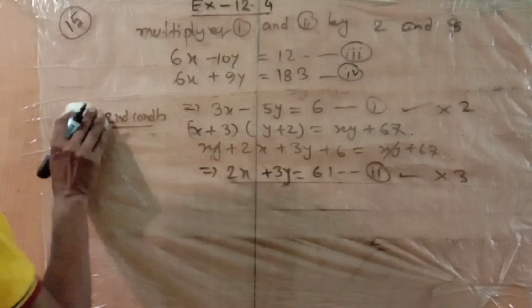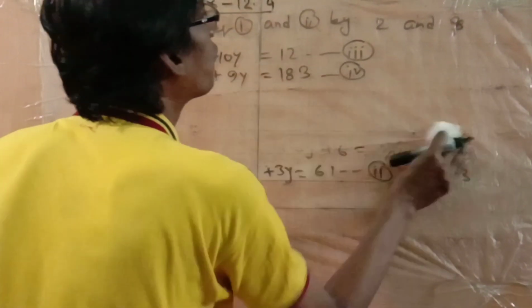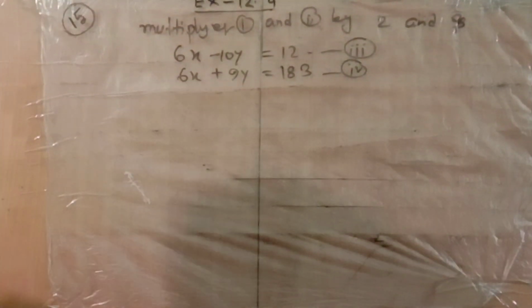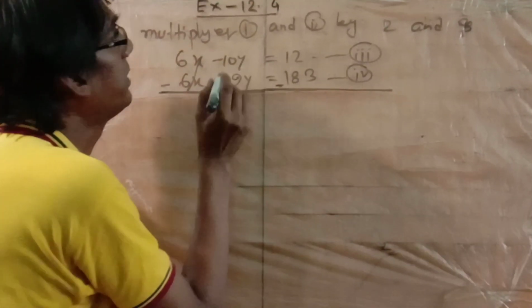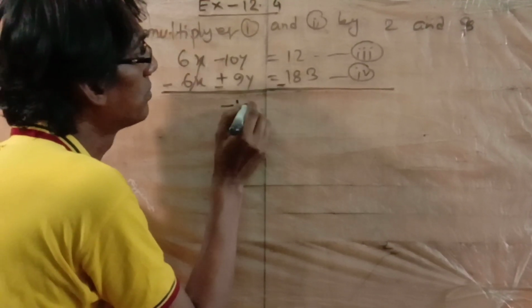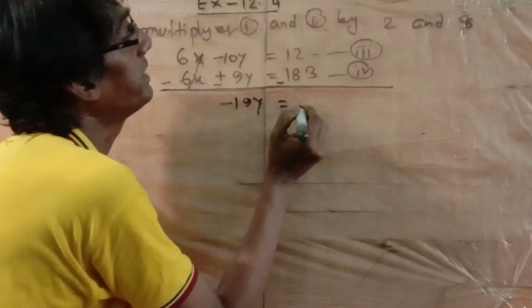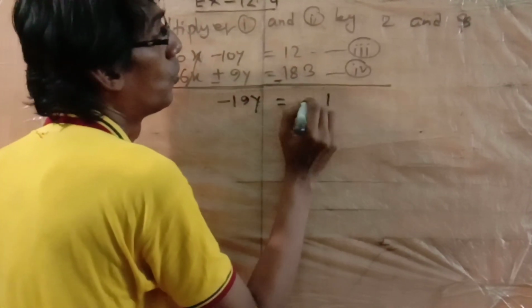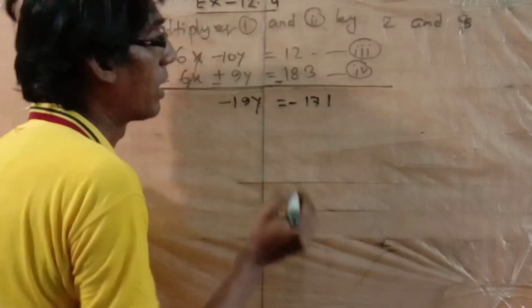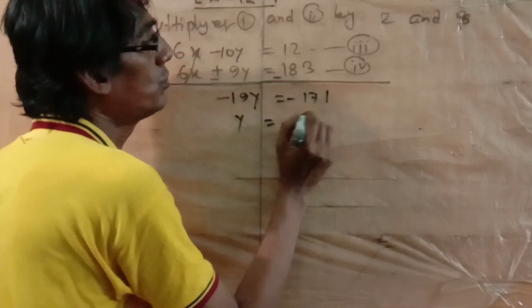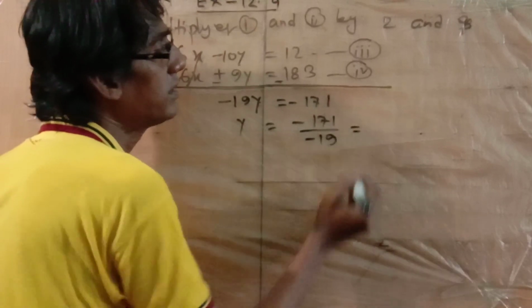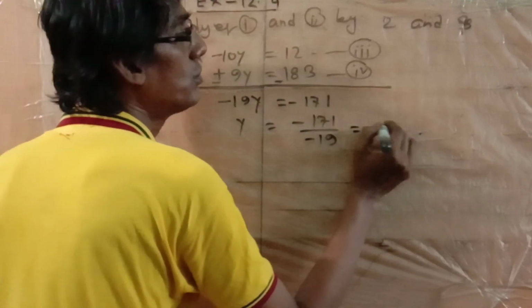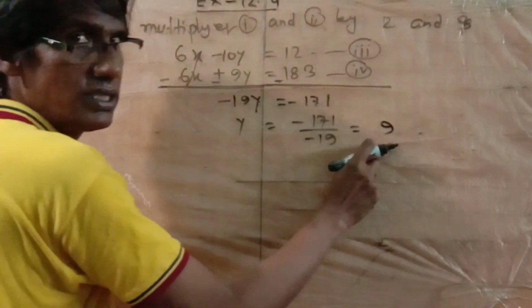So what I do, I subtract equation 3 from 4. If I subtract, the result will be minus 10y minus 9y equal to minus 19y, and 12 minus 183 equal to minus 171. So y equal to minus 171 by minus 19 equal to 9. So the value of y is 9.